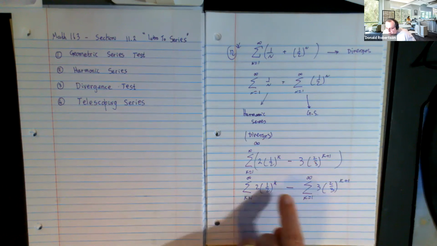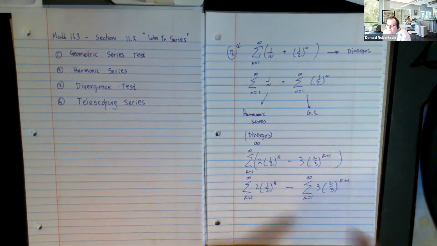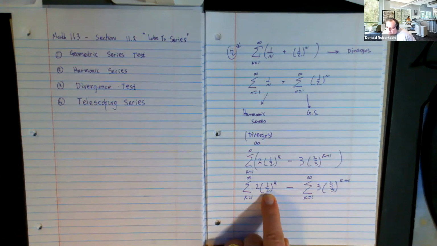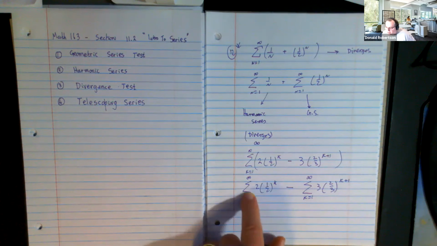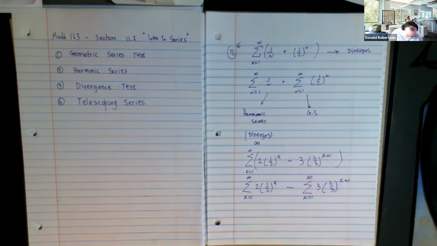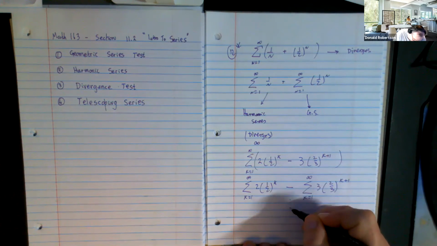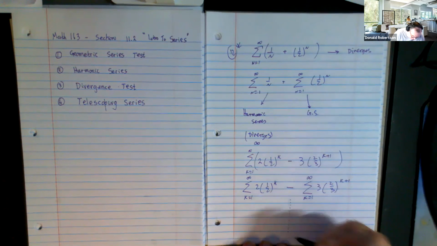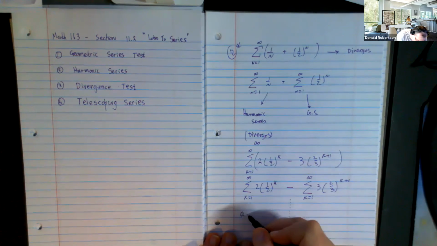Do you recognize that both of these are geometric series, even although the question didn't tell you they were? Are we comfortable, because we've seen enough of them, to recognize the shape that a geometric series has, right?